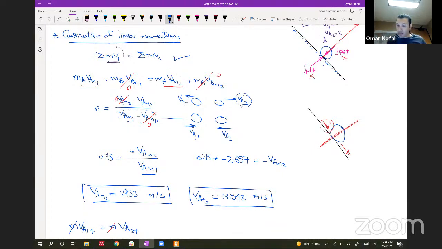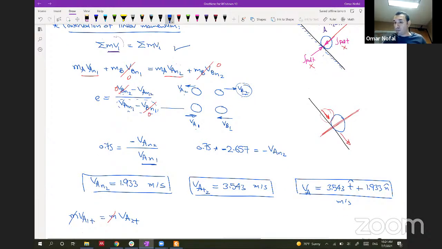So right now we got VA as tangent and normal components: 3.54 in the tangent direction plus 1.933 in the normal direction, and all of these are in meters per second.